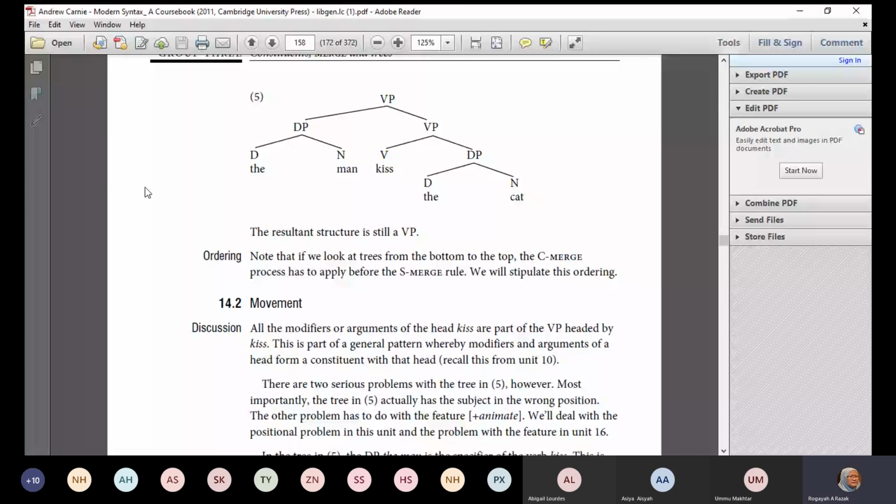This is the subject. Why is the DP here? Because the DP is required by the VP. We go back to the feature notation of the verb on page 157. Number 3 is the feature notation for the verb kiss.